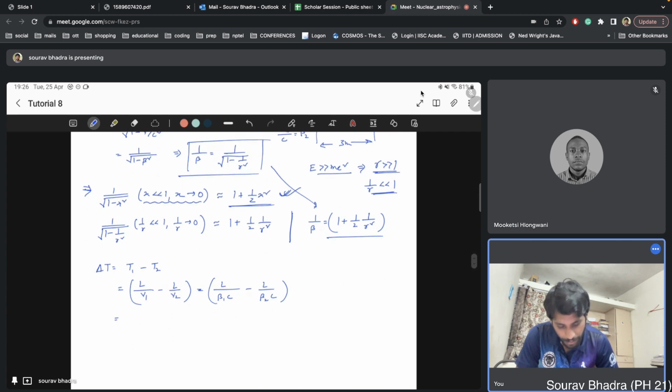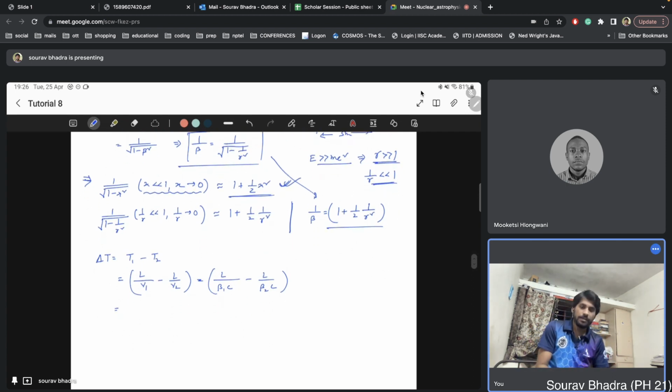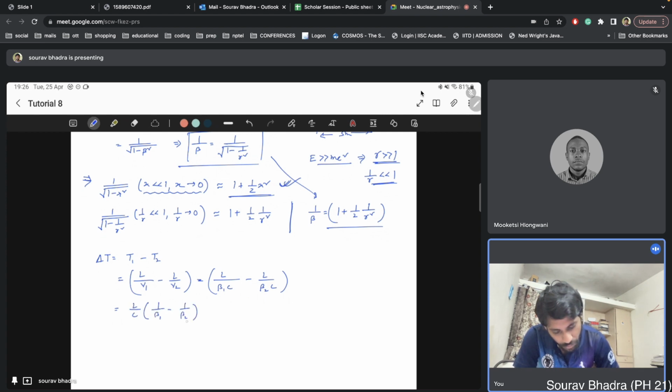After doing this particular problem, if the values of velocity are given, you can also do the numerical calculation and find an answer. So just follow the method I am using. Take L by c common: 1 by beta 1 minus 1 by beta 2, and put in the 1 by beta which has been written here.